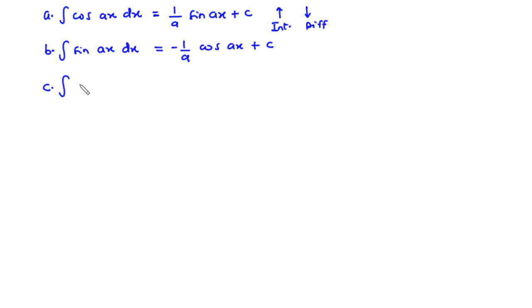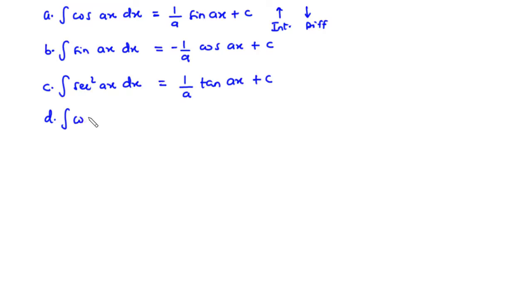Again, the integral of sec square ax dx is equal to 1 over a. Now when you integrate sec square, you have tan, so we have 1 over a times tan ax plus c.